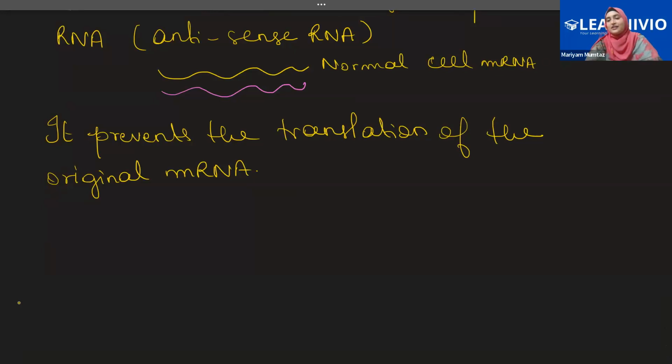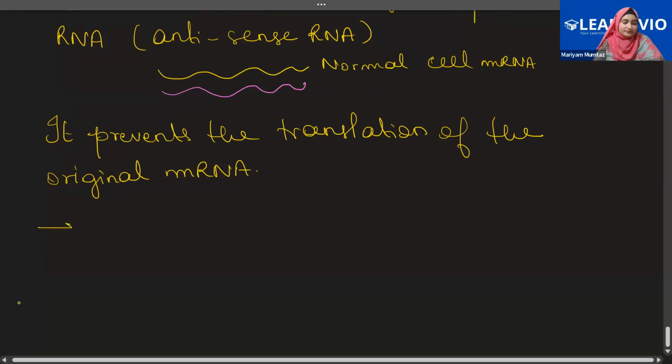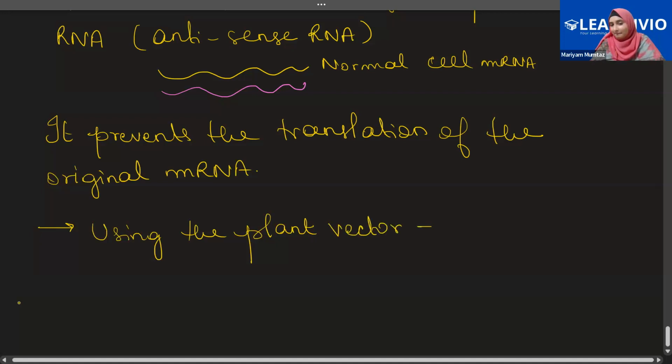What is the vector we use for plants? Like when we want to deliver the foreign gene into the plant cell, which vector do we use? You only have to tell me. I'll not fill that line. I can give you one alphabet. I'm not cruel. Now tell.